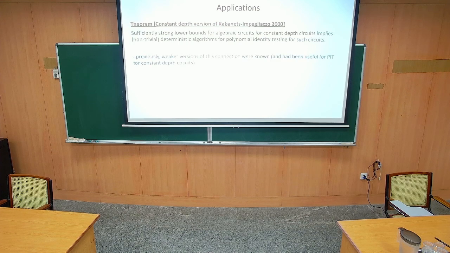We had results like this, and in fact that's how we know how to do PIT for constant depth circuits right now. But those results were not as clean as this. It's a cleaner and nicer statement.